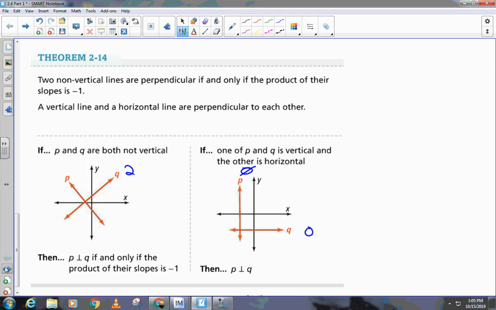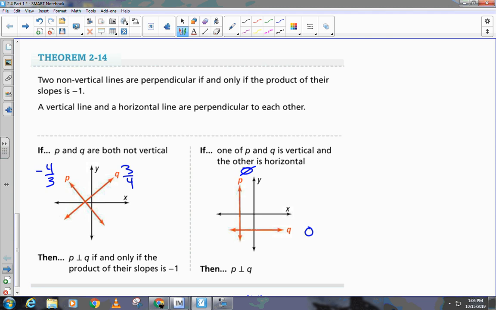Its reciprocal is 1/2, but it's going to be a negative 1/2 because they're opposite signs, okay? You should be able to multiply these two slopes together and get -1. That's another way to look at it. Here's another example, let's say this slope was 3/4. The line that's perpendicular to it is going to have a slope of -4/3, okay?